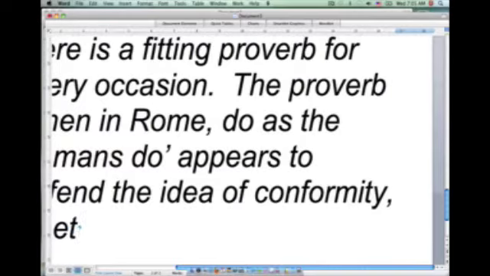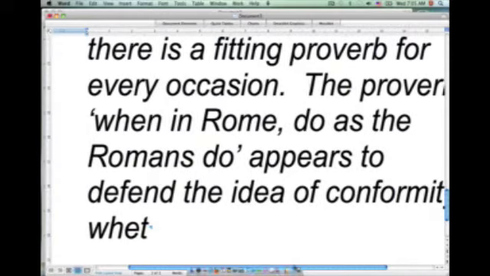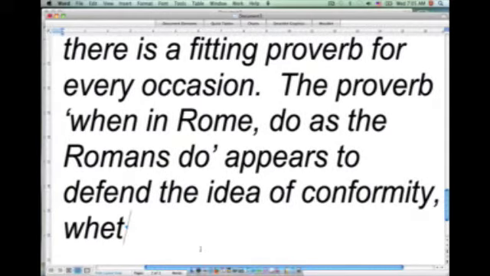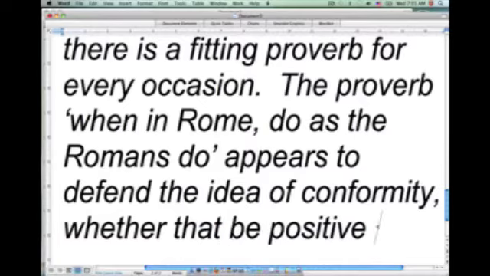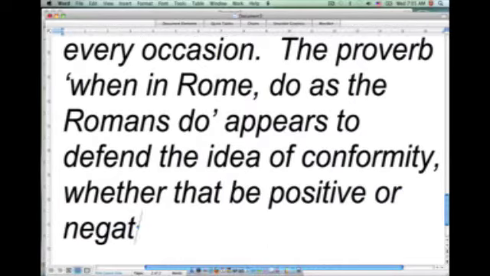So let's just point out, whether that be positive or negative: the proverb, when in Rome, do as the Romans do, appears to defend the idea of conformity, whether that be positive or negative. We're not saying that conformity is positive or negative, we're just saying that this phrase supports it.